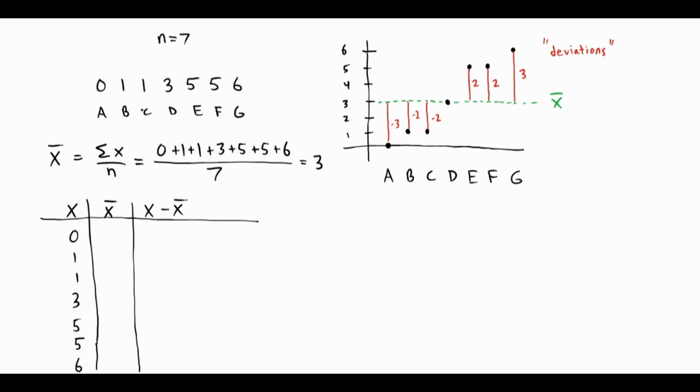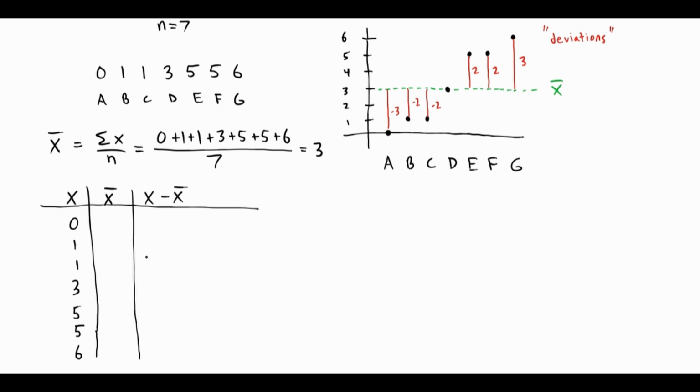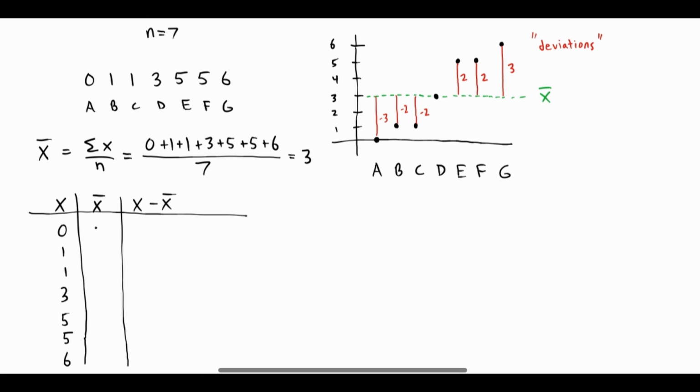So we got 2 1s, so I want to make a row for both of those 1s. 2 5s, so I'm going to make a row for both of those 5s. We're supposed to put the mean in the middle column here. And since there's only one mean for the whole data set, you just repeat the 3 all the way down.